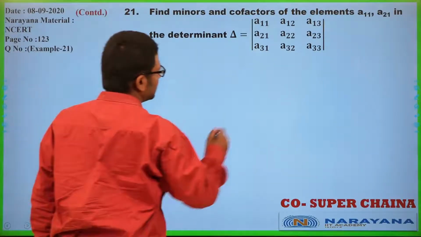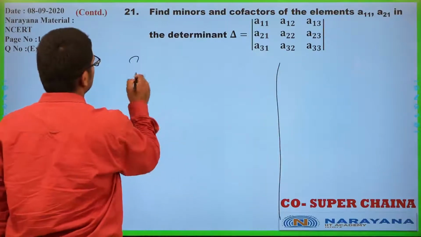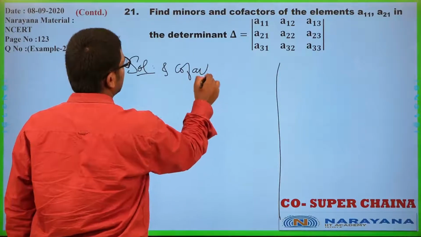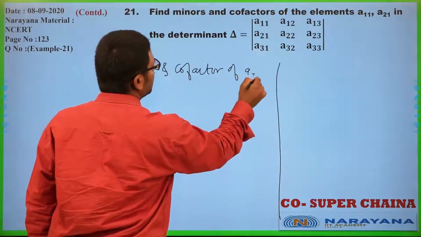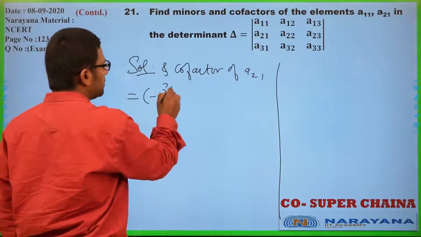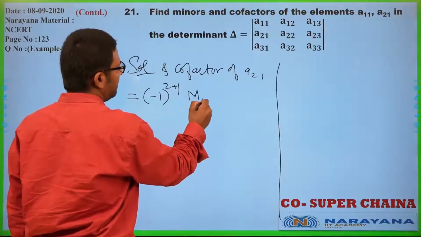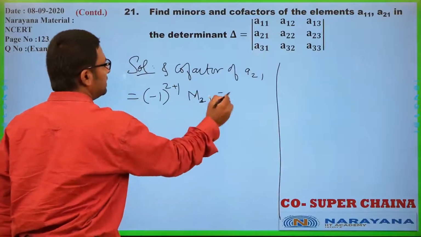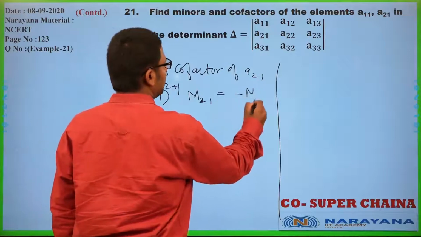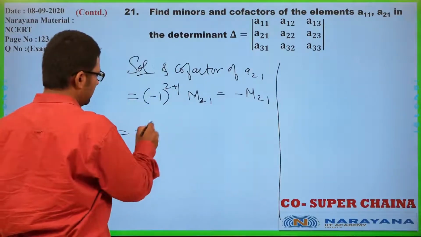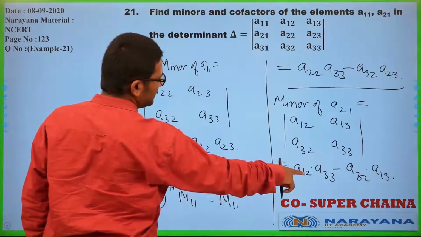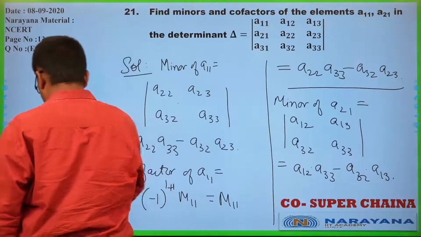What about the cofactor? And cofactor of A21 would be minus 1 raised to 2 plus 1 into M21, right? Minus 1 raised to 2 plus 1 is minus 1 cube, so minus 1. So minus of M21, right? Which is minus of A12 A33 minus A32 A13.